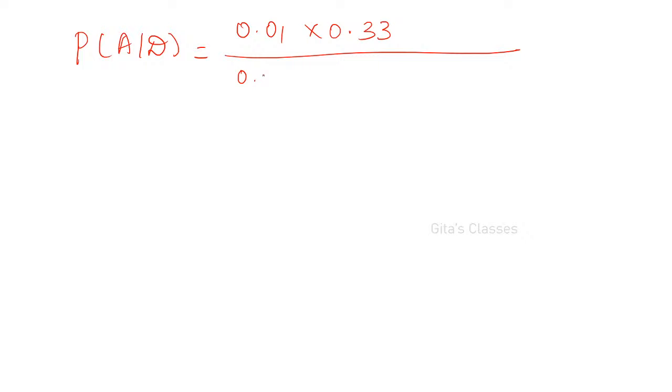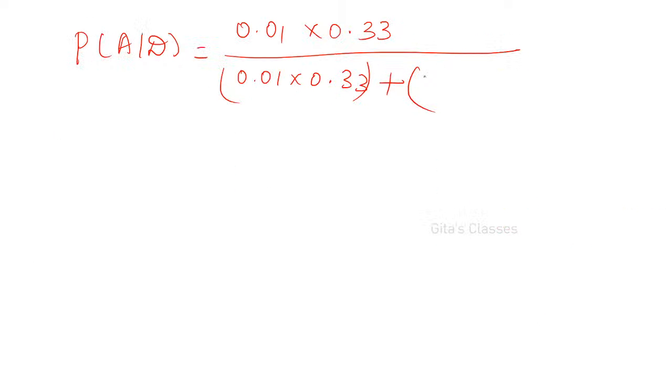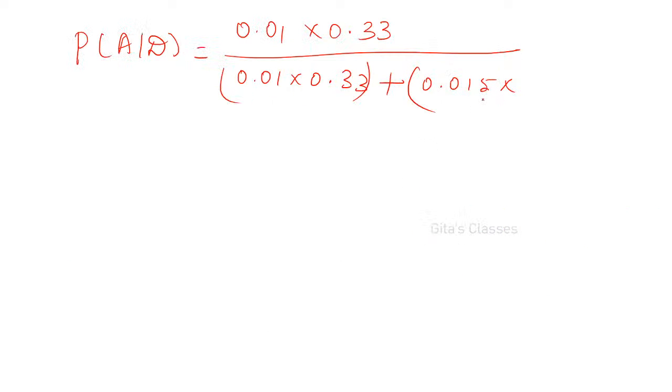So 0.01 into 0.33 plus 0.015 into 0.67. You can say 0.667, or 0.67.